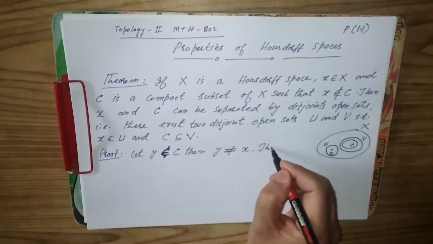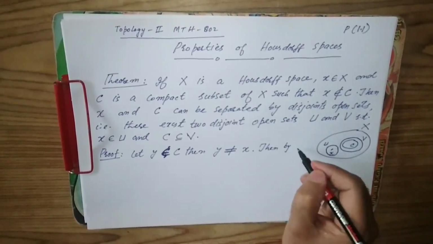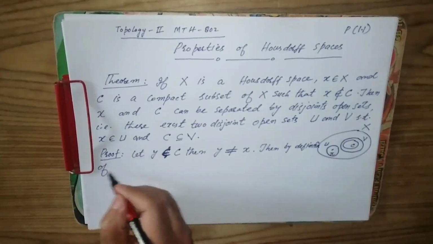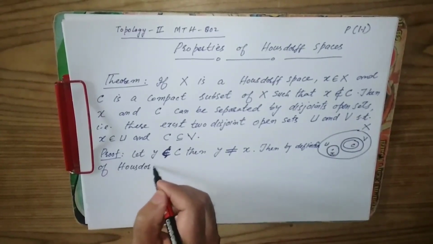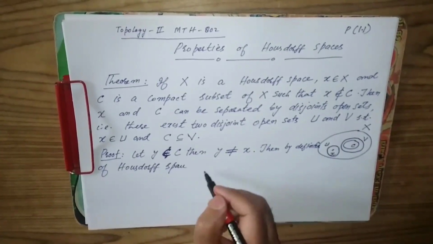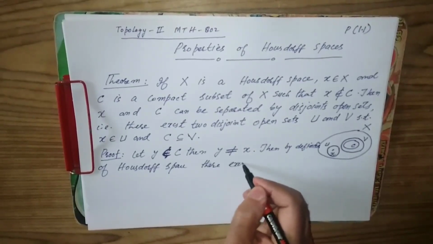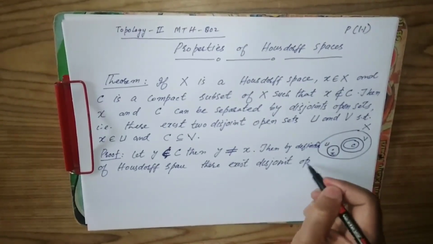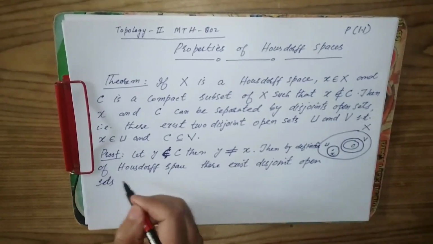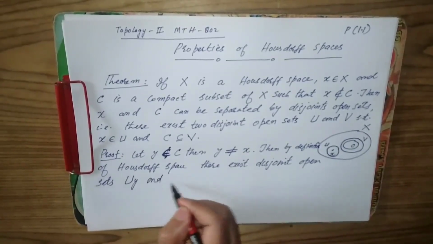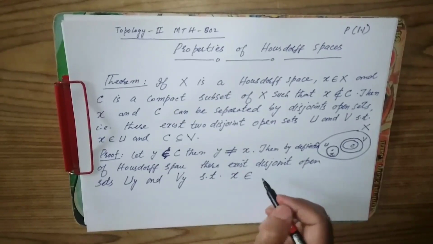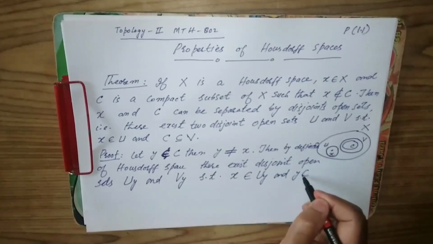Then by the definition of a Hausdorff space, there exist disjoint open sets Uy and Vy such that x belongs to Uy and y belongs to Vy.